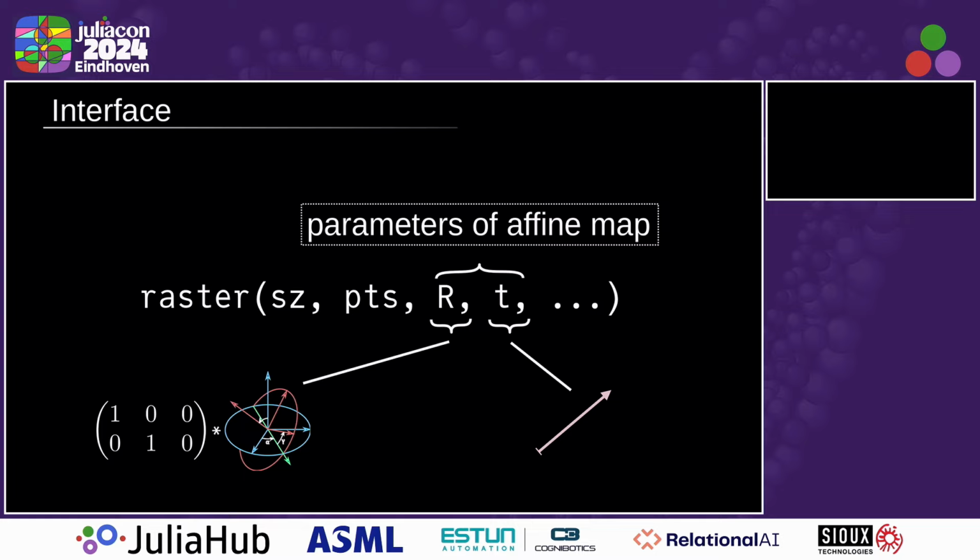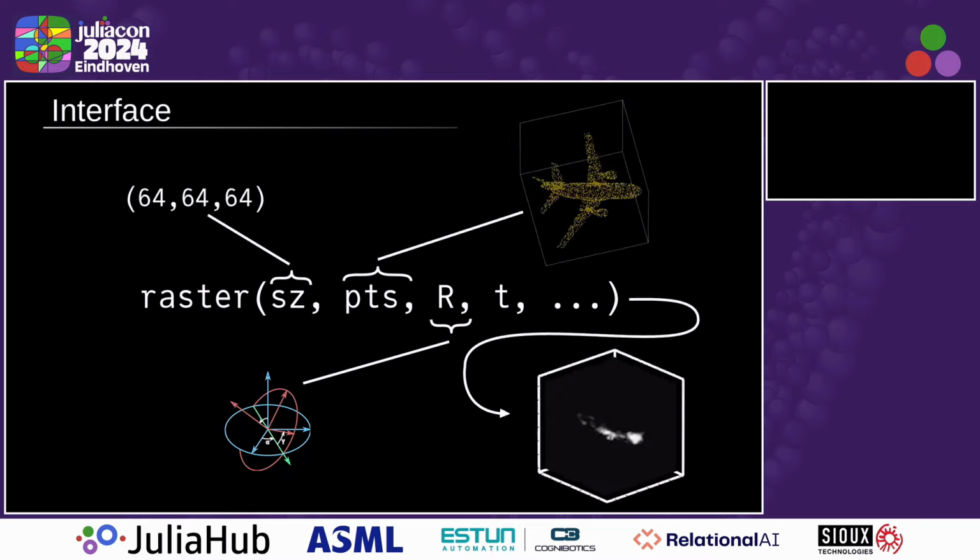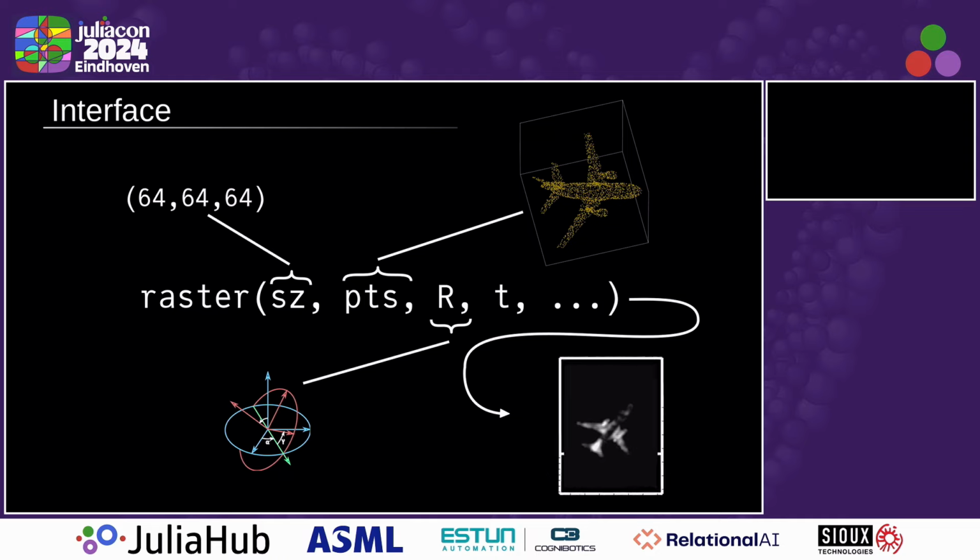The main point here is that the dimensionality of input as well as output is really arbitrary as long as this is consistent. Meaning basically if you put in an m-dimensional point cloud and your output should be an n-dimensional image or grid, then this linear transformation R needs to be an n by m matrix. That's all.